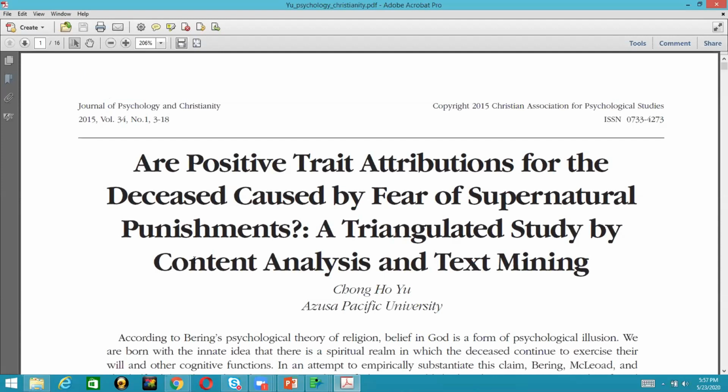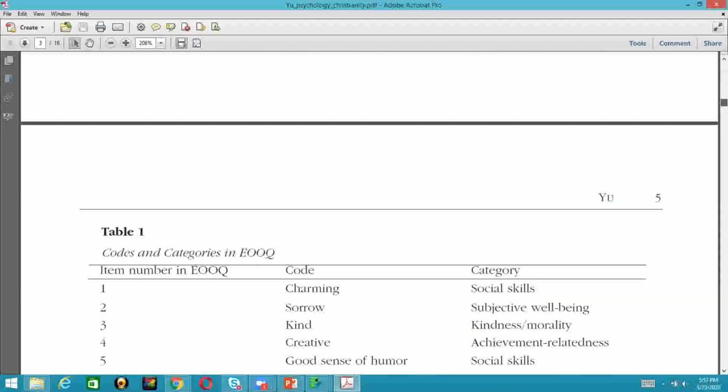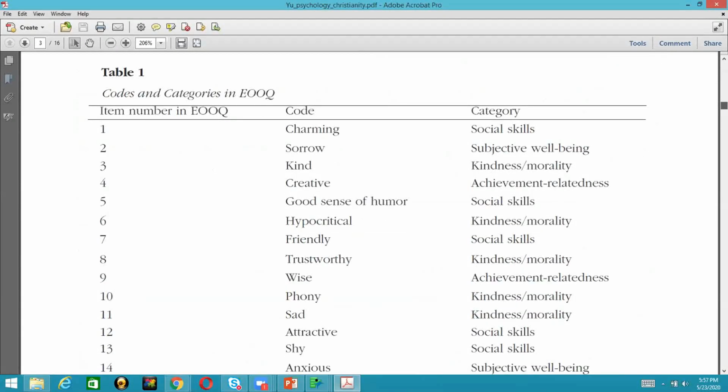I use both content analysis and text mining, and the paper was published a few years ago. Okay, like what you saw in my presentation, right?